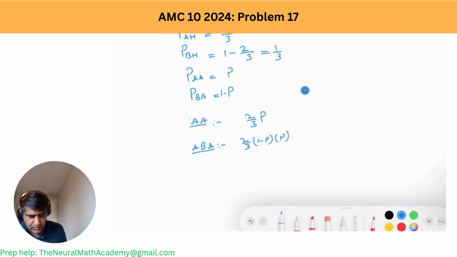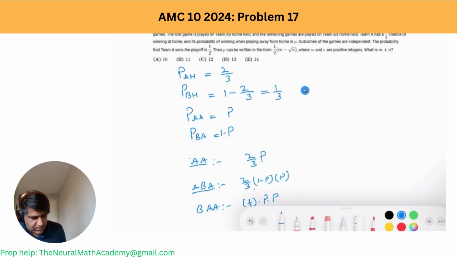The third possibility is Team B wins the first game, and then Team A wins the next 2 games. The probabilities we have are 1 over 3 for B, and for A's we have P times P. Now we are also given the total probability: Team A wins the playoff is 1 over 2.